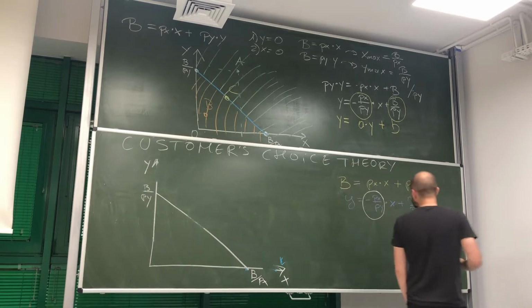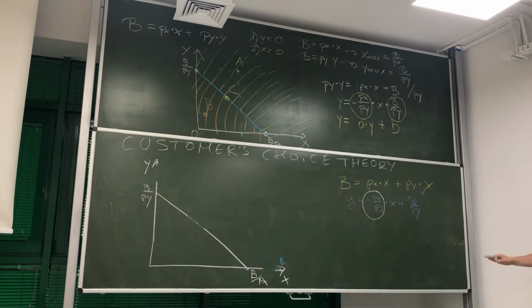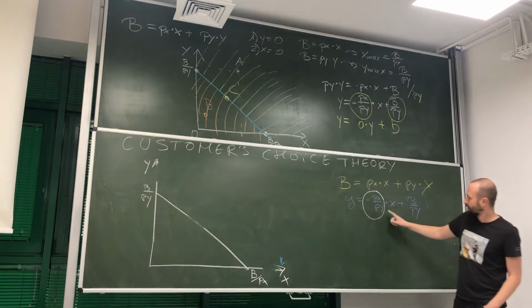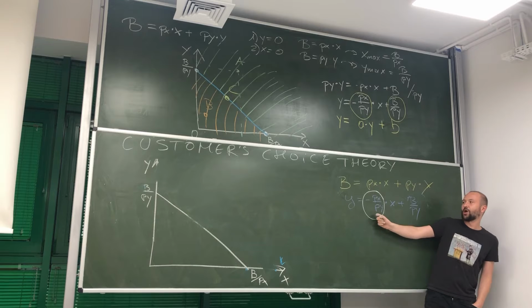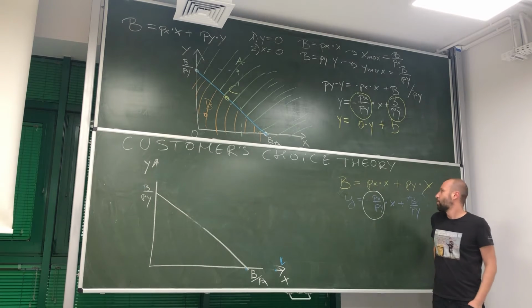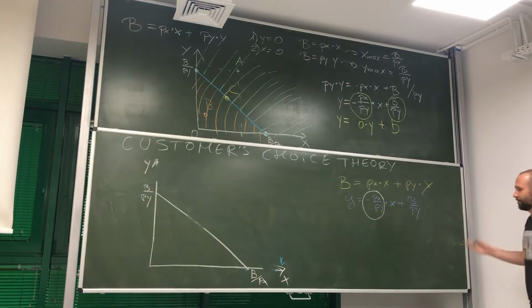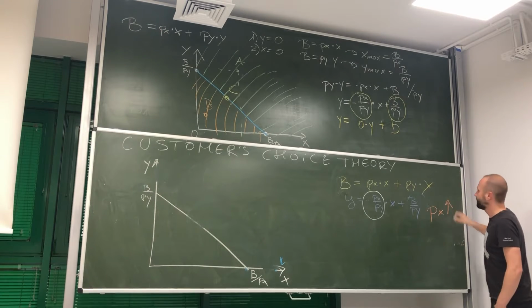So this means that if one of the prices is changing while the other is being kept constant, the slope will have to change. For example, what will happen here if the price of good X goes up?